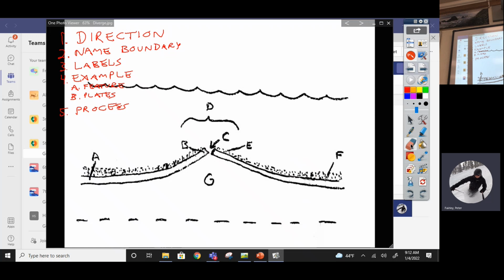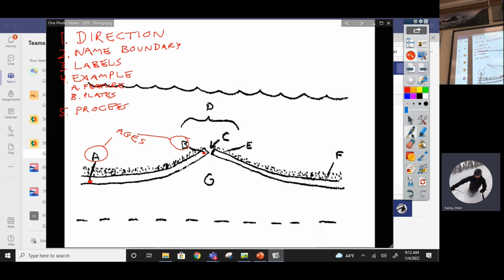That's right. I need to give you a hint about a couple of these. So as a hint for what I'm looking for, A and B, I want you to include the ages of these features. For A and B, how old is A versus how old is B?